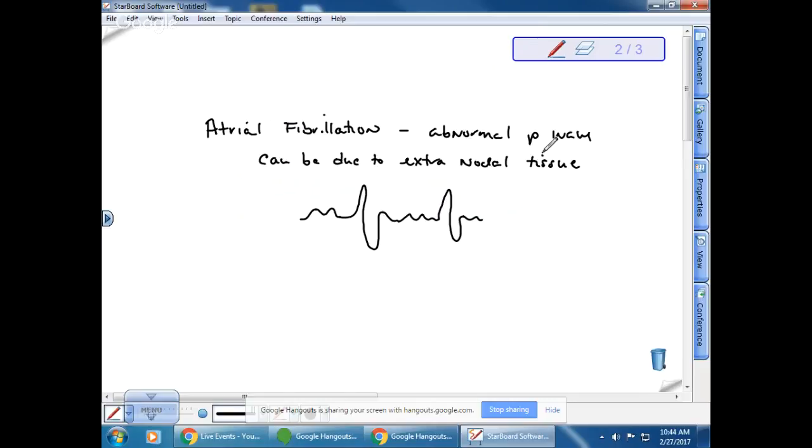Does anybody know what they sometimes do for this? Has anybody known anybody who had AFib? Yes, there is a procedure called ablation.